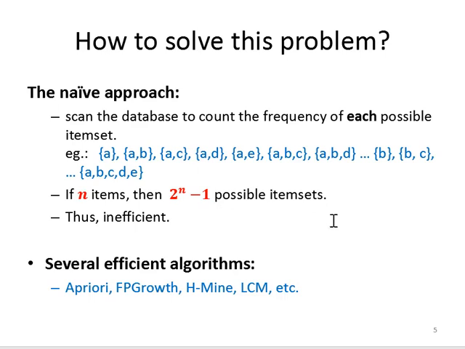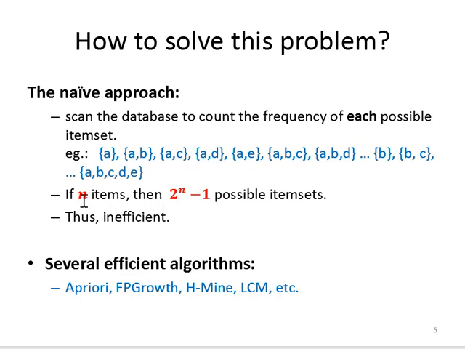So how to solve this problem of frequent pattern mining? The naive approach is to calculate the frequency of all the possible item sets. So like apple, apple bread, apple cereal, apple bread cereal, and so on. So all the possible combinations of the items that we have in the database.